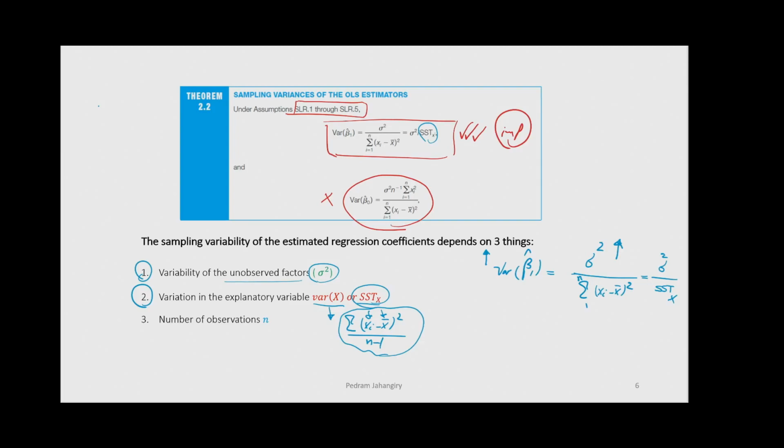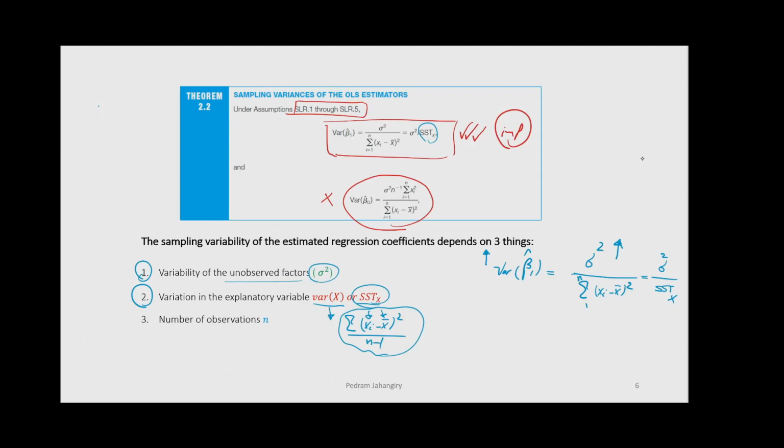Now let's see why this is important for the variance of beta hat 1. This is also nothing new, because in assumption number 3, we said that we need to have some variability in x, and if you don't have that variability, OLS is going to have a hard time pinning down the beta. This is exactly the same here.